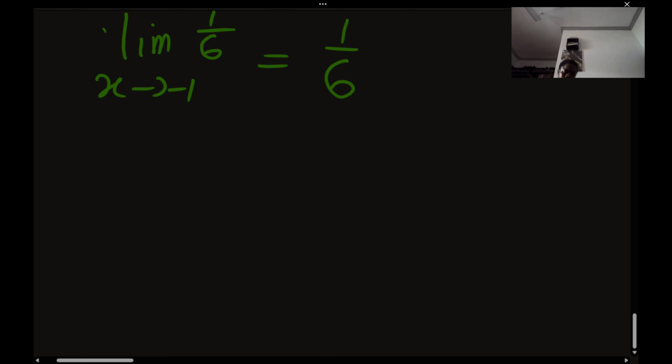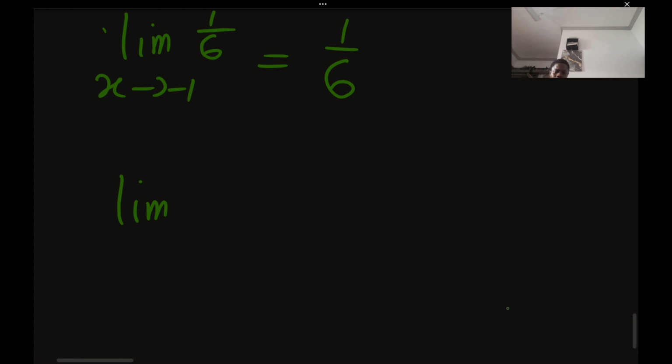Let's take the last one. Suppose you have the limit of q as x approaches c. If you have this as x approaches c, you can see that there's no x multiplying this.